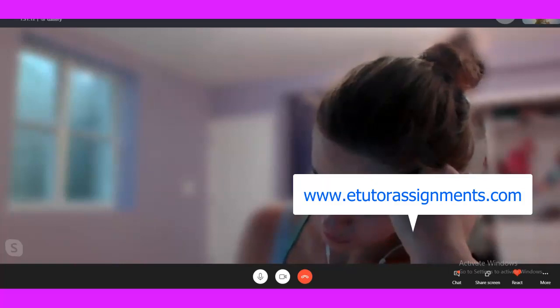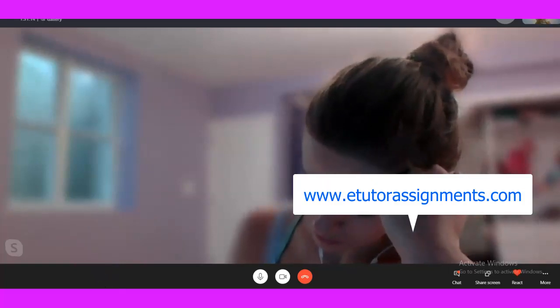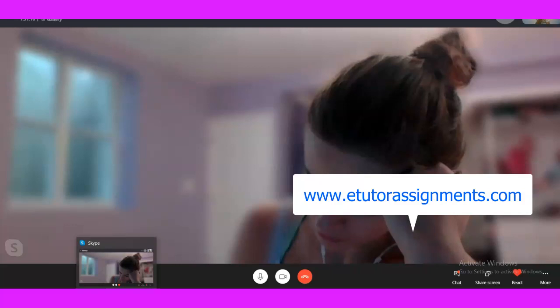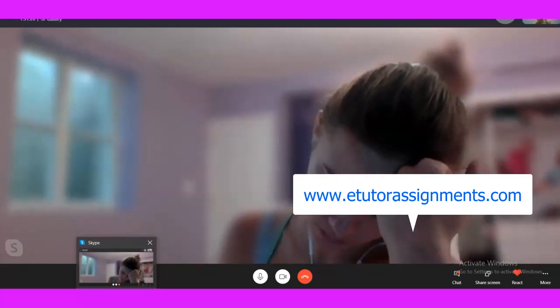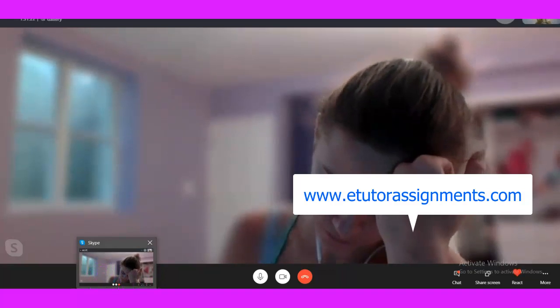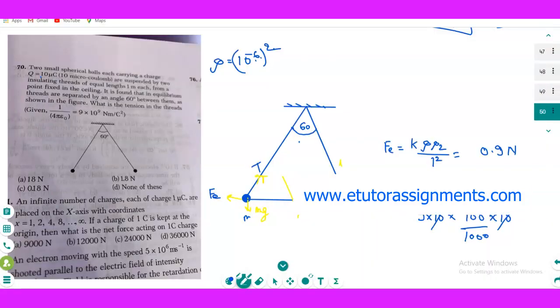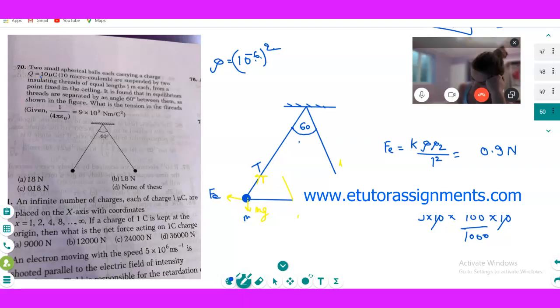So T sine 60, Fe is 0.9, is equal to 0.9 divided by root 3 on 2. Sine 60.